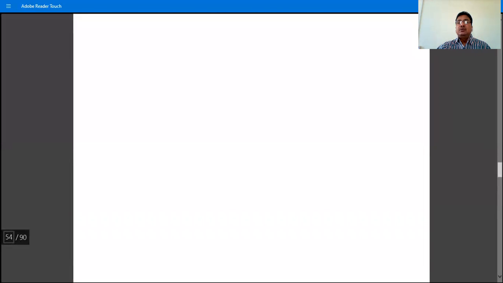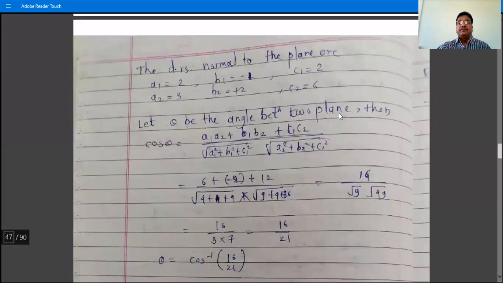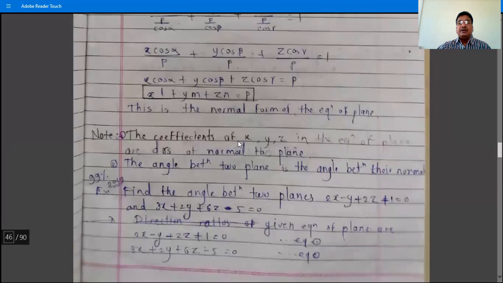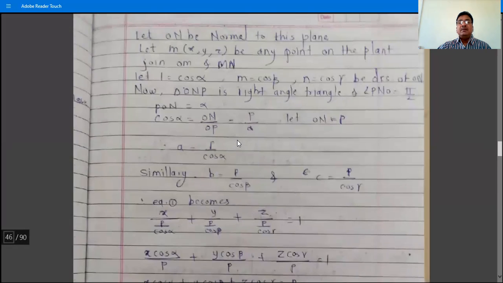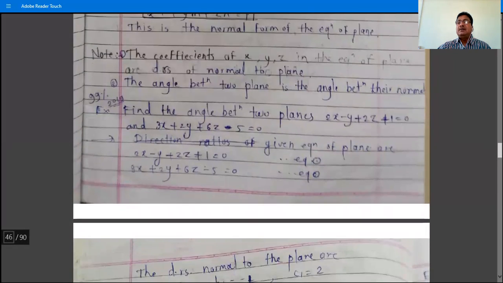So this is the angle between two lines, the previous topic. This is the formula for the angle between two lines, and the same formula applies here.